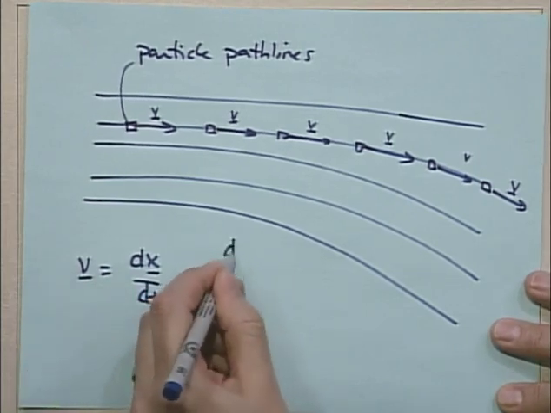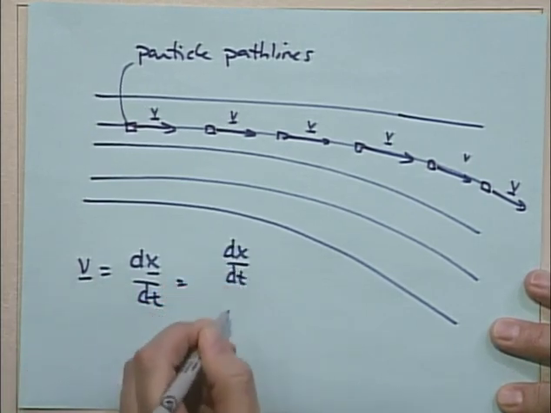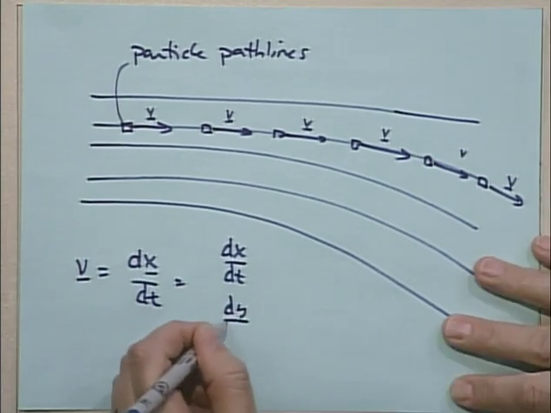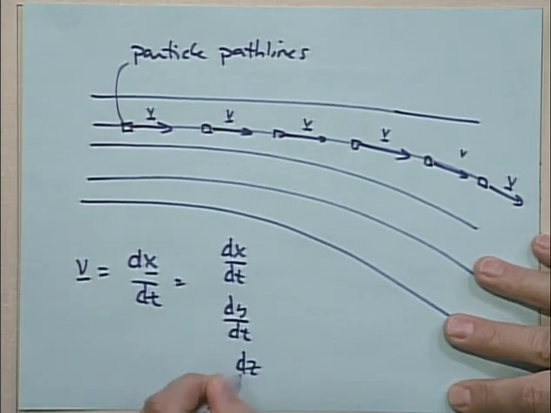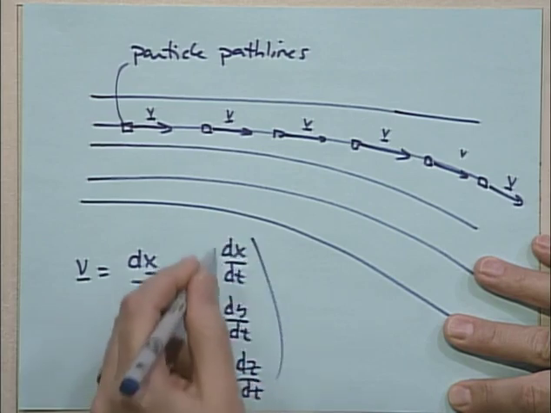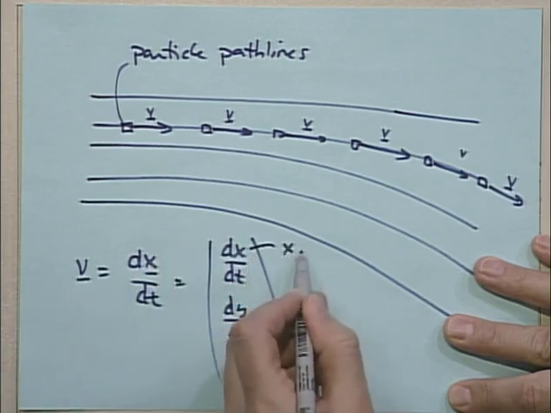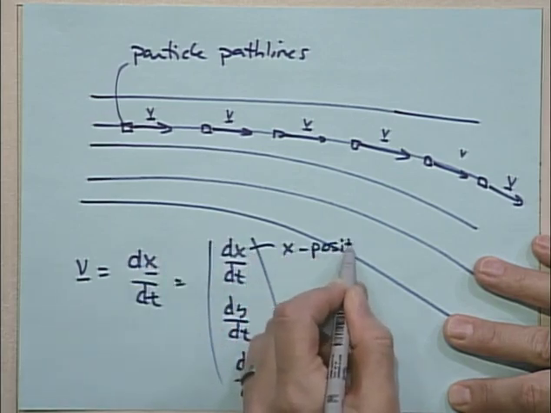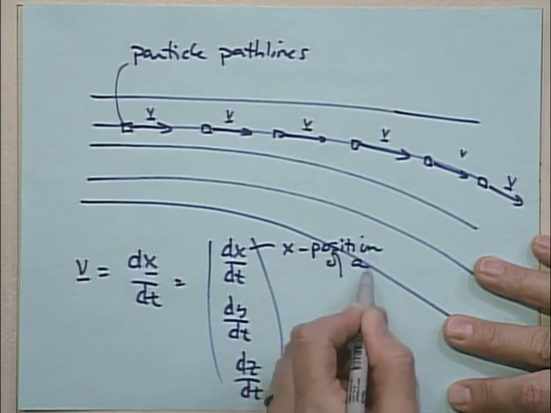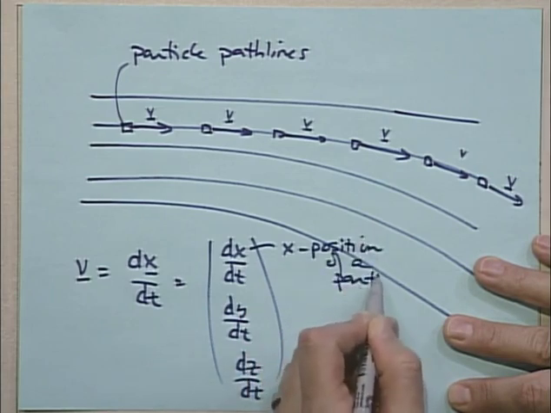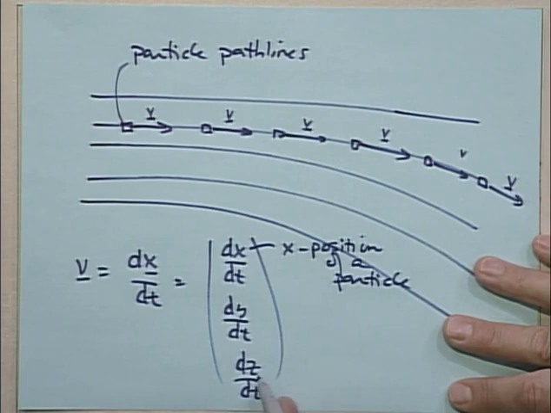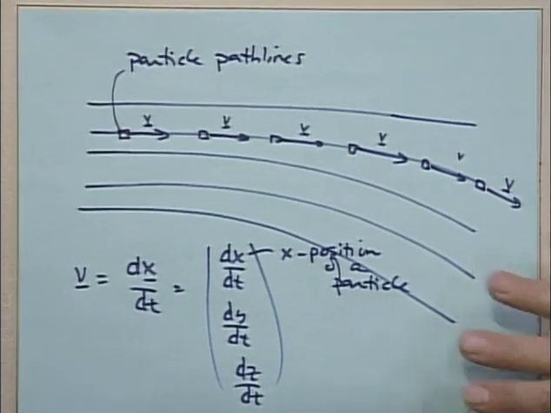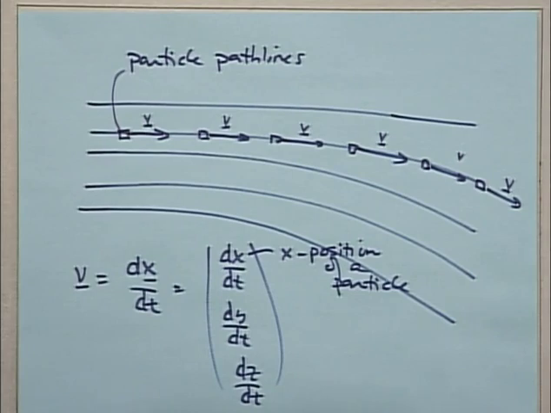So this is dx dt, dy dt, dz dt, meaning where x is the x position of a particle, this is the y position, this is the z position. So it's a very particular path and a very particular rate of change with time.